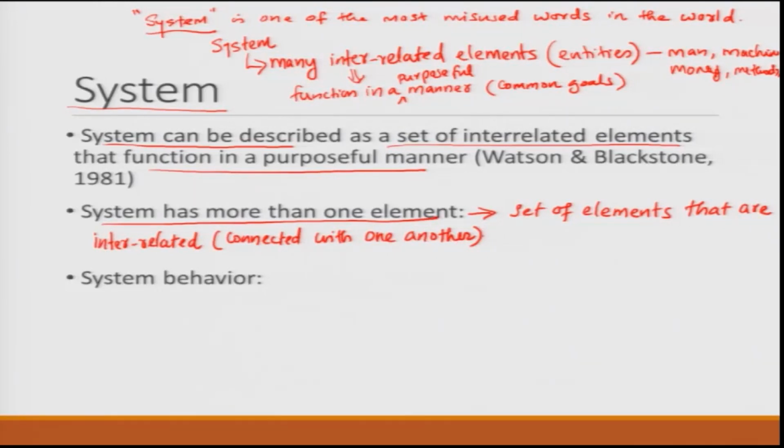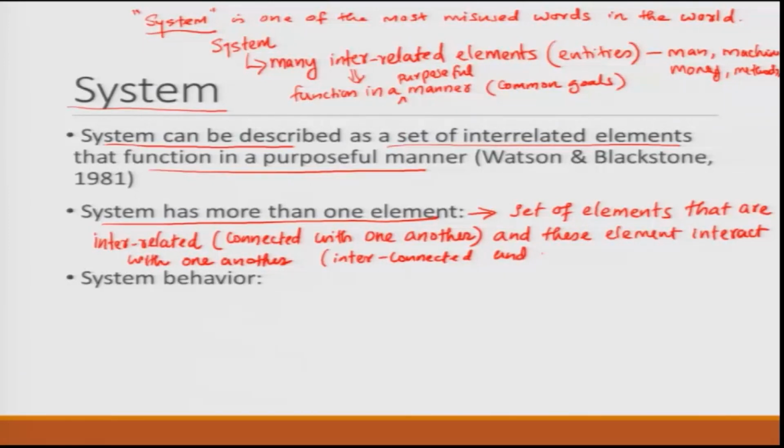These elements of the system are connected with one another, and these elements interact with one another. So they are interrelated, and they also interact. One way to think about it is they are interconnected and work together.